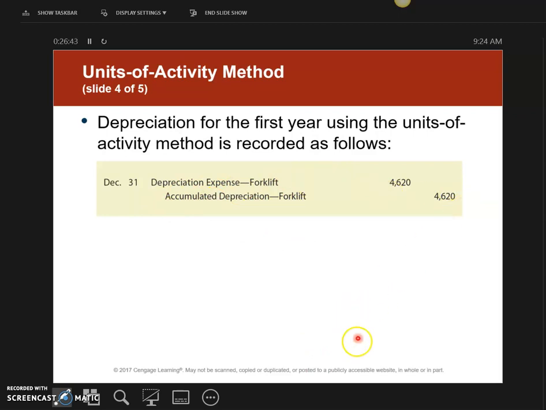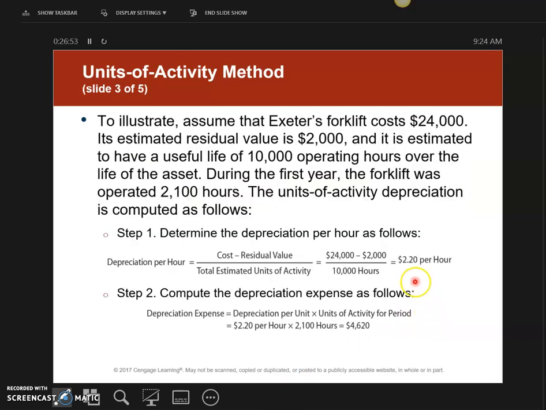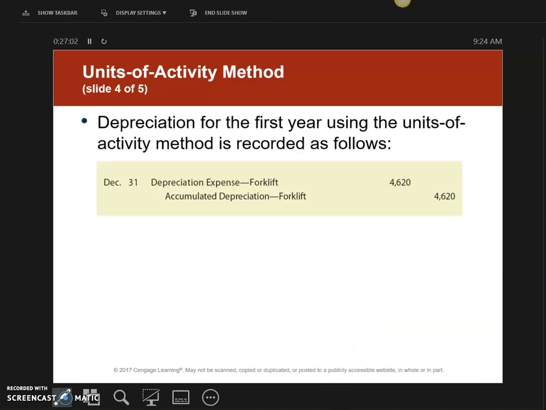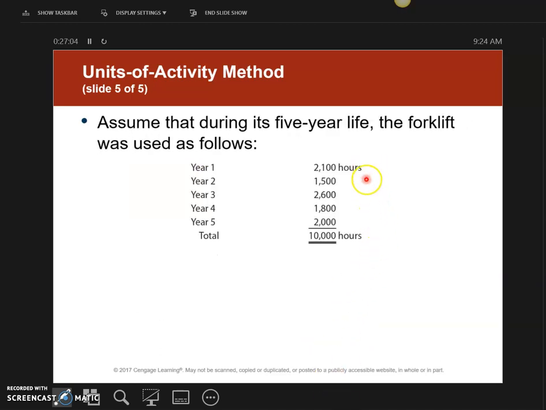But the key thing here is you need to absolutely know how many hours each period it was actually used. Let's go back to the slide. The $2.20 per hour will stay consistent throughout the life, but you'll have to multiply it each year by how many hours. And so here's a list of how many different hours.